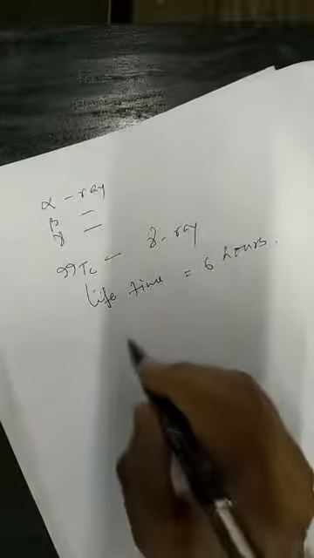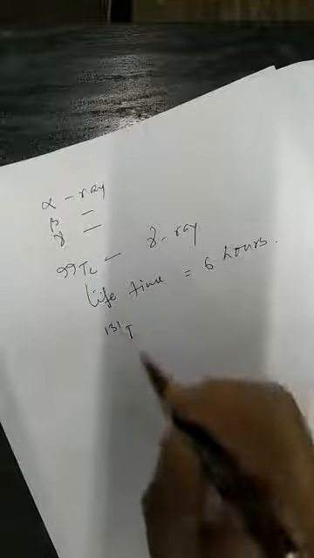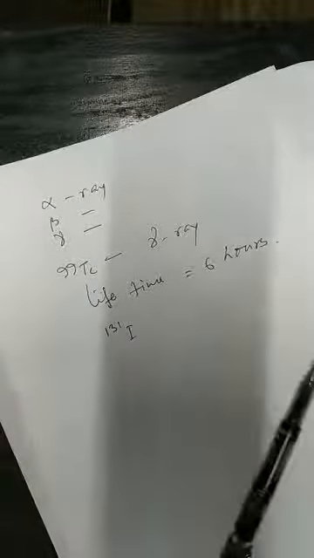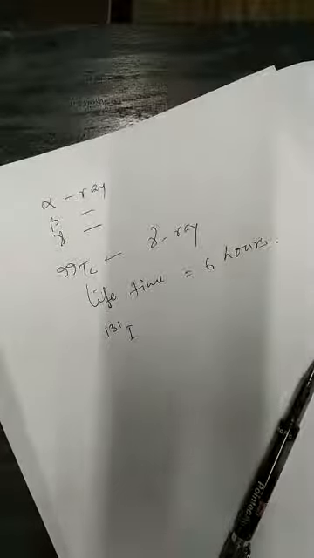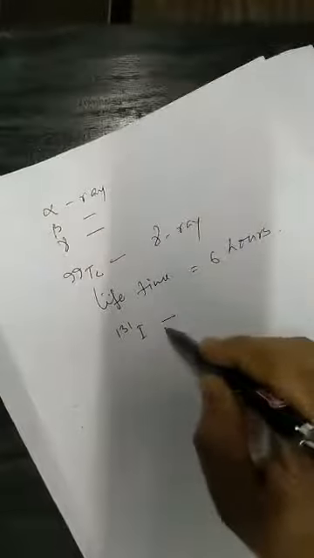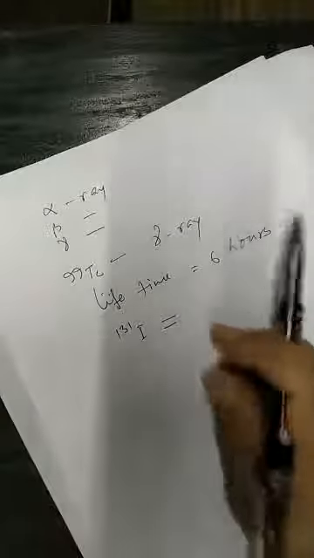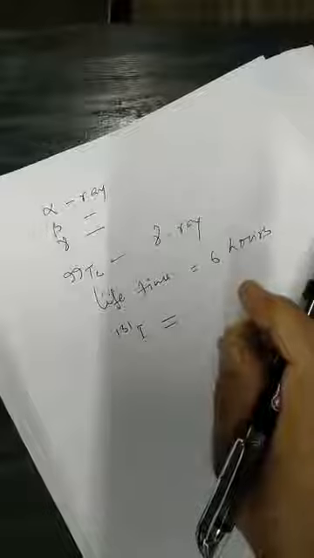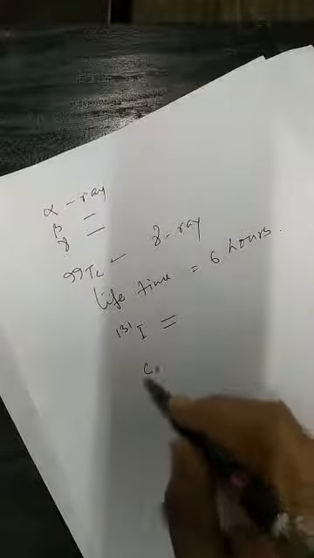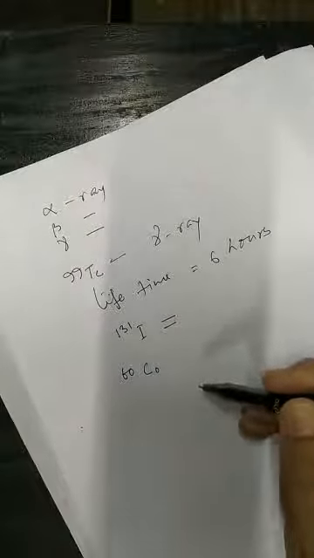Then another isotope, iodine-131. This is also used for the treatment of thyroid cancer. Cobalt-60 is used for the treatment of tumor.